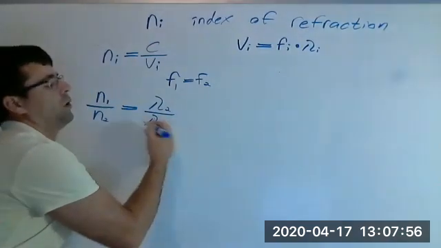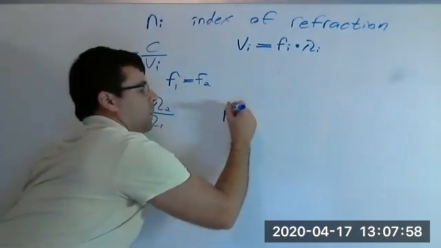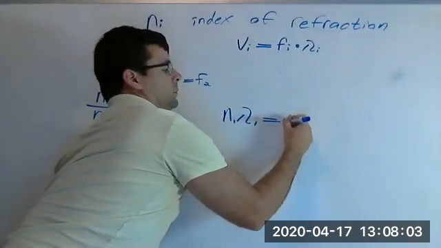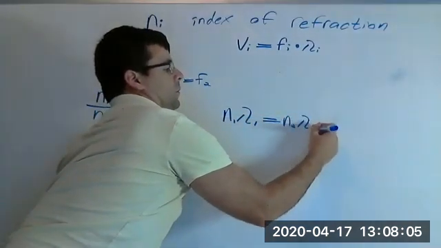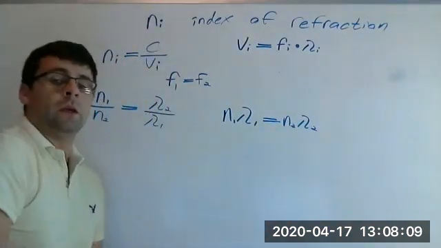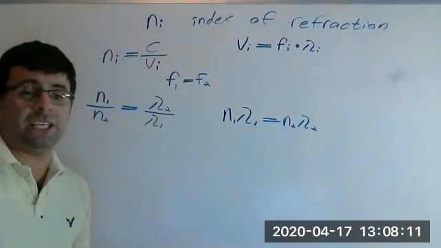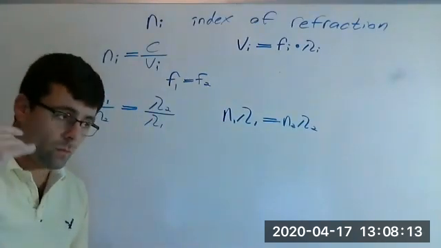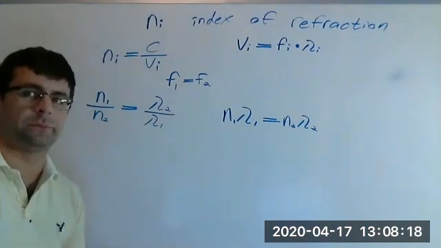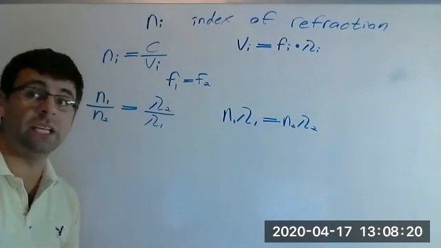And you multiply these up, you get something that looks like this. So the idea here is that this is how light transfers between any two mediums.